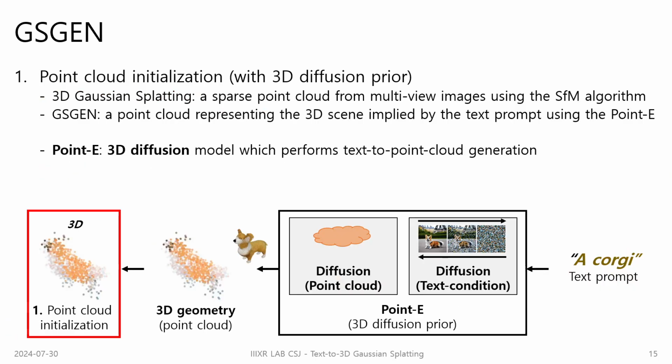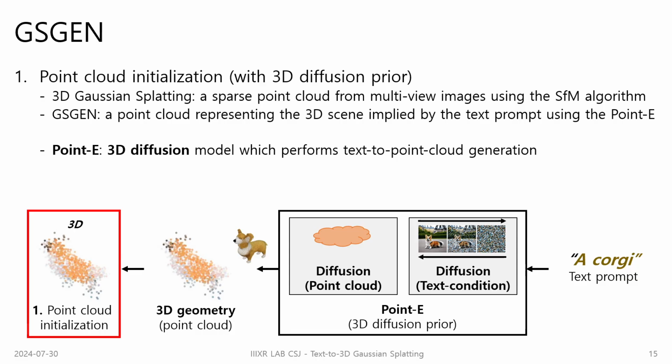First is the point cloud initialization stage. Unlike the original 3D Gaussian splatting, which generates a sparse point cloud from multi-view images using the SfM algorithm, GSGEN needs to generate a point cloud representing the 3D scene implied by the text prompt.